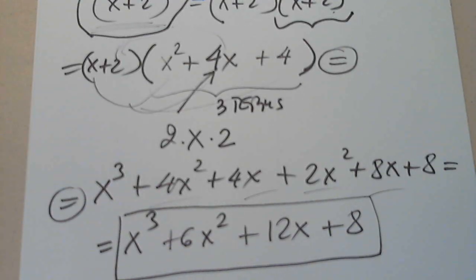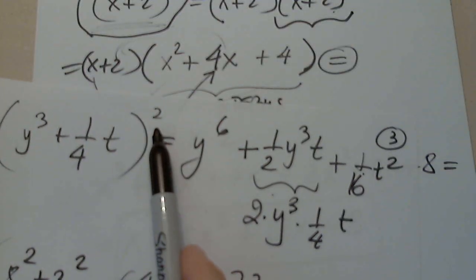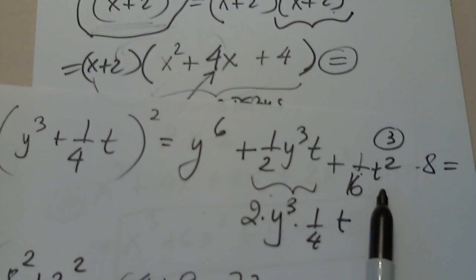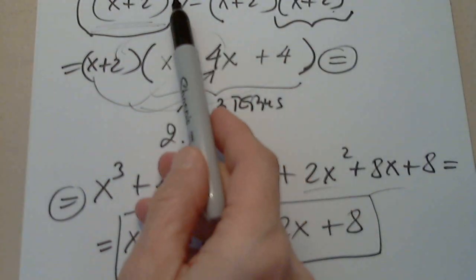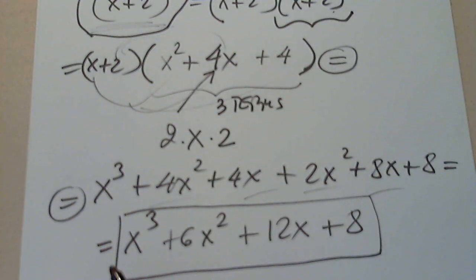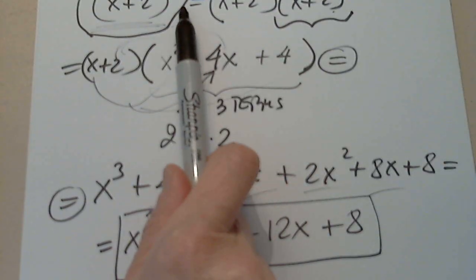Notice something very interesting. When the power is 2, how many terms do we get? 3. One more than the power. When the power is 3, how many terms do we get? 4. One more than the power.